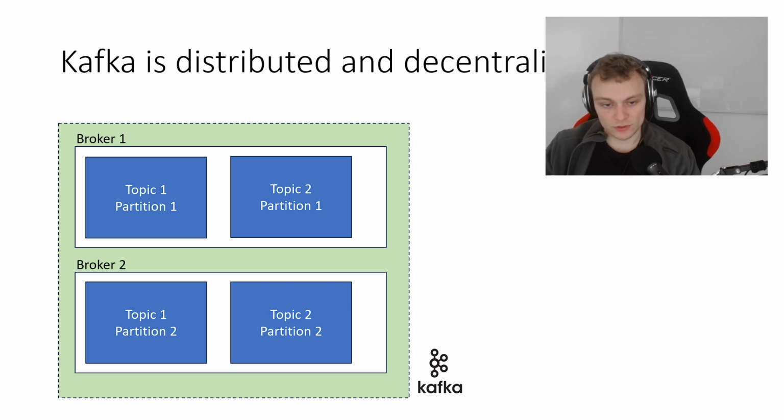So that's also an important concept here. There are also more advanced topics that we can look into, which would be that one broker is always the leader of certain topics and partitions, but this would explode the context here.